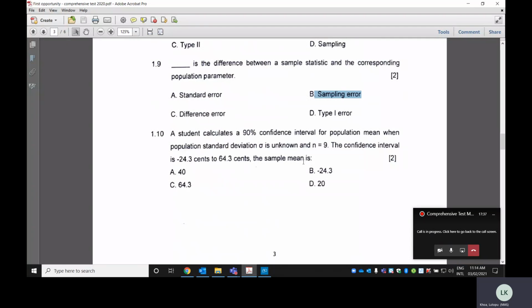The sample mean is. Now, something we should say is, if this is your confidence interval, your sample mean is exactly between the lower bound and the upper bound. So you're looking for the number that is exactly halfway between these two numbers. So to get the answer, what you'll need to do is add these two together and then divide by 2. So let's do the calculation and then we'll come and see which of our options is in fact correct.